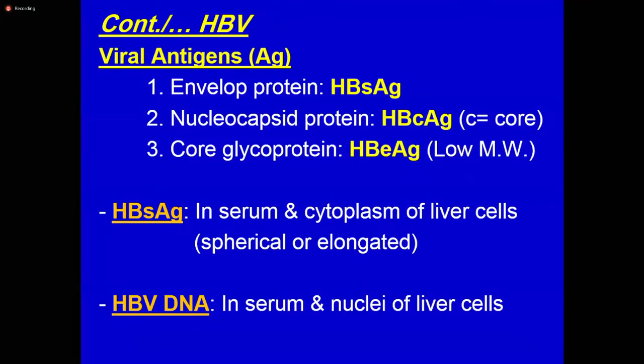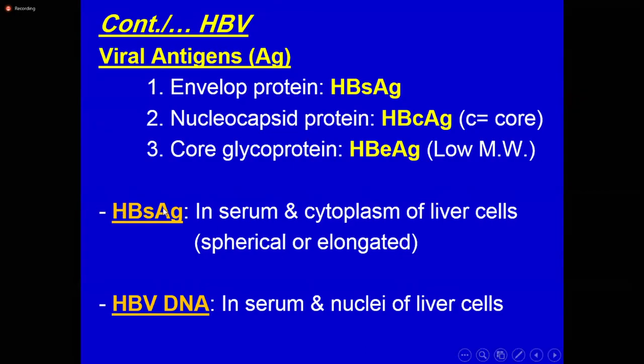Now, the viral antigens, as I explained in the picture: for the envelope, hepatitis B surface antigen. In the nucleocapsid, hepatitis B core antigen, C core. Protein core, which is hepatitis B E antigen, which is of low molecular weight.